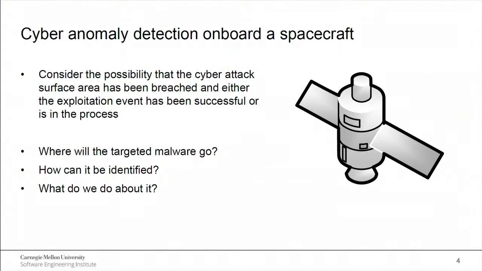So let's consider for just a second what would happen if we were to face some sort of cyber exploitation on a spacecraft. Where would that malware go? How could it be identified? And what are we going to do about it? Some of the fundamental questions that exist in the space.